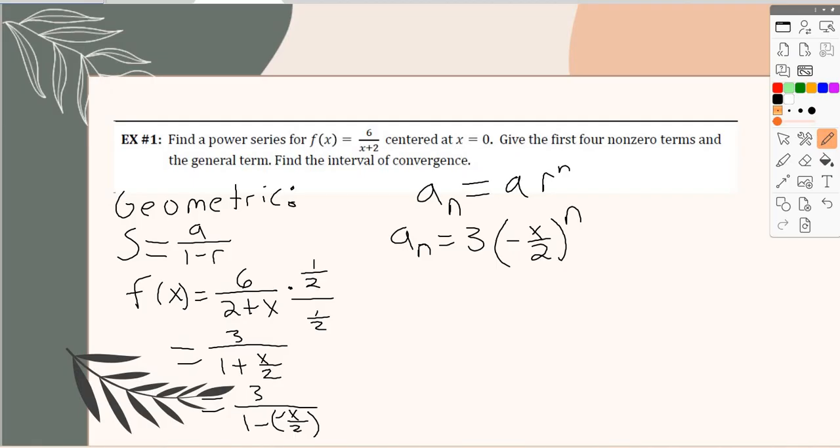But then it asks us to write the first 4 non-zero terms. And remember, for our power series, we start with an n of what? Zero. So what would our first term be? Just 3.